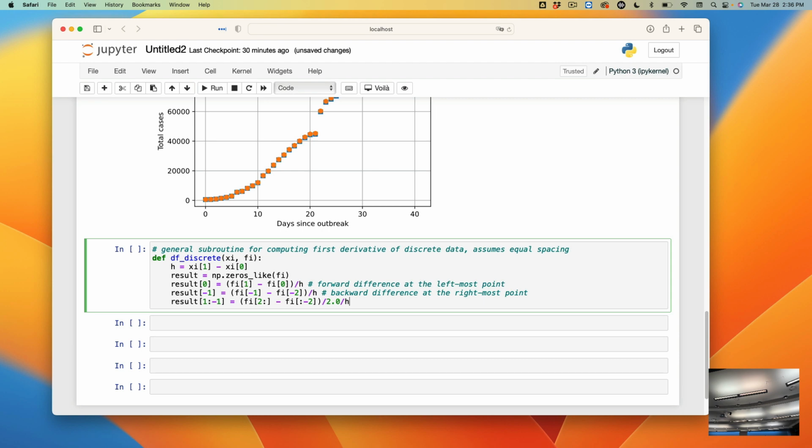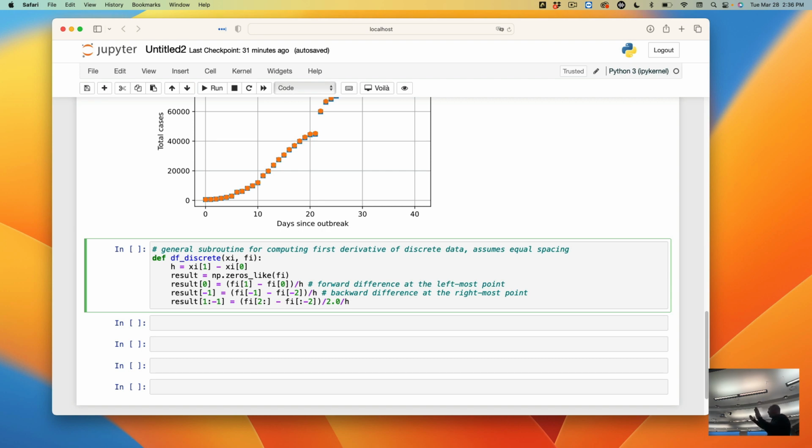It takes a subset of the array. The bracket is to access the array. This gives access to a range in the array. So we're only accessing the second point to the point before last. The first point we applied forward difference. The last point we applied backward difference. Okay.